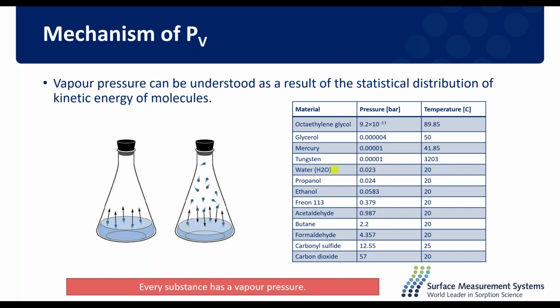And then we go to more familiar water, some freons, some gases, and some solvents, which start having higher and higher vapor pressures. So for example, carbon dioxide at 20 C has a 57 bar as its vapor pressure. So it's really something that can span a large magnitude of pressures.